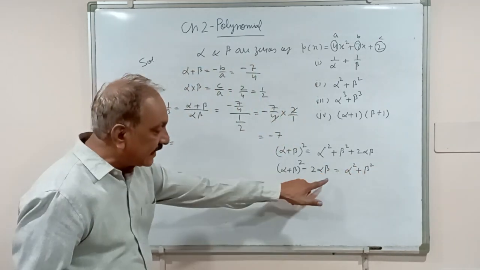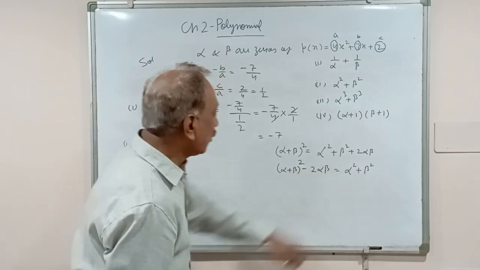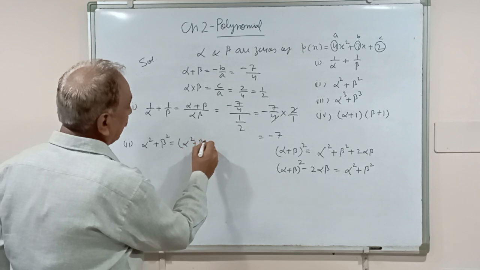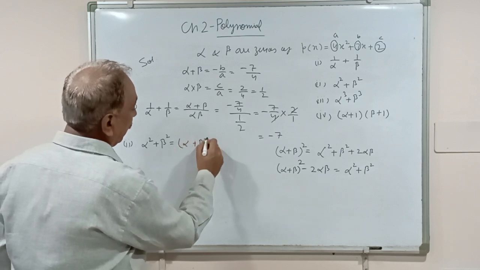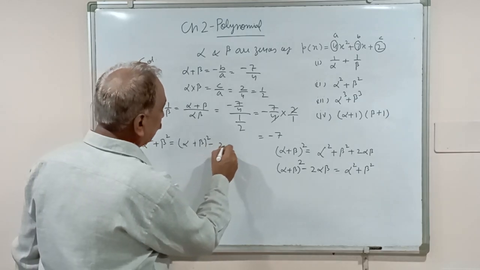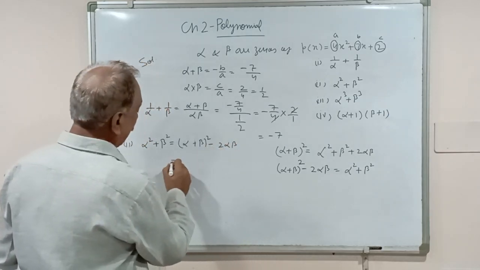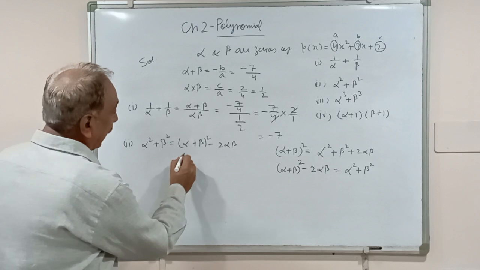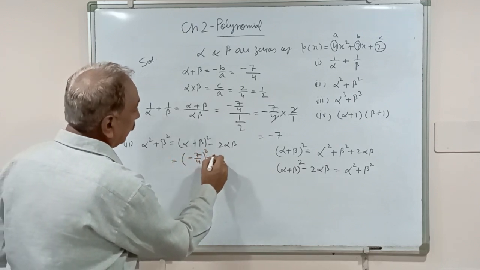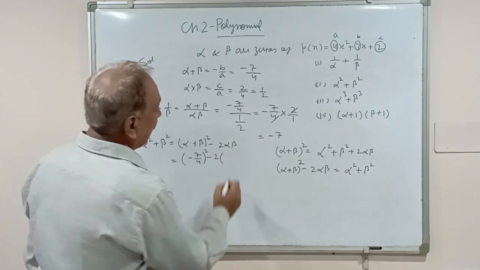You can use this identity for alpha square plus beta square: alpha plus beta whole square minus 2 alpha beta. Putting values, this is minus 7 by 4, alpha beta is half.